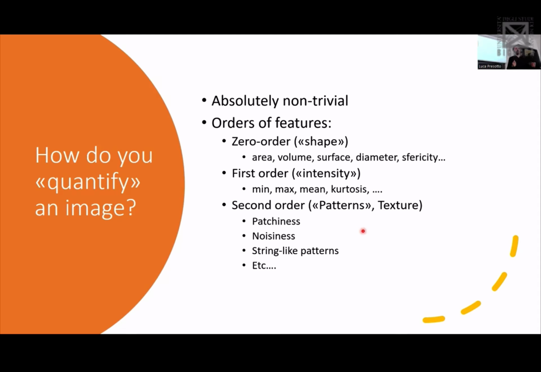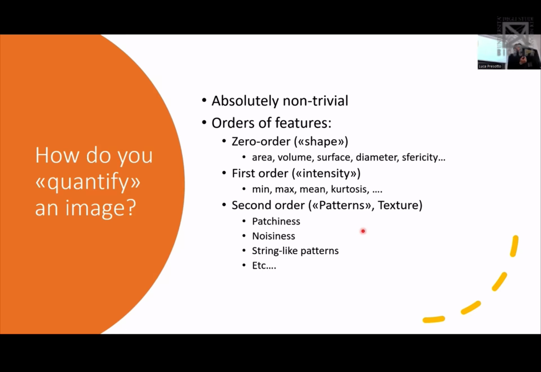So the area, the volume, if you're talking about a 3D scan, the surface of this volume, the diameter, the sphericity, and things like that, how much is fractal versus smooth, and so on.